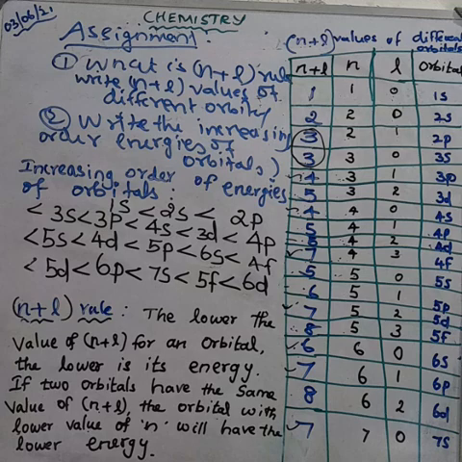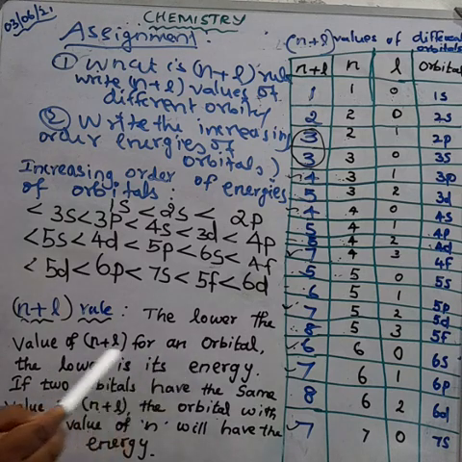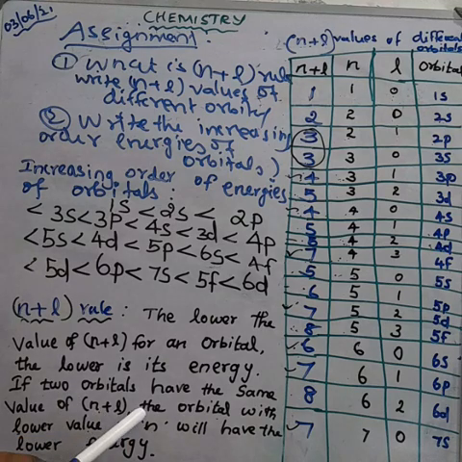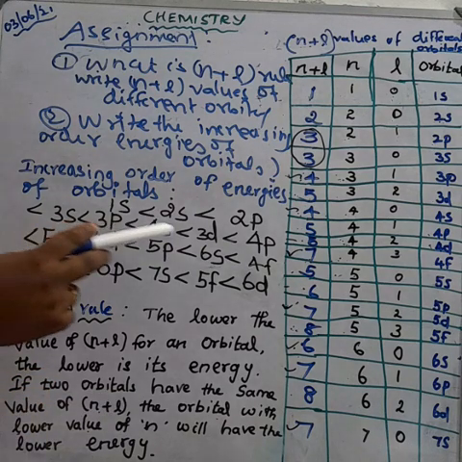It states that the lower the value of n plus l for an orbital, the lower is its energy. If two orbitals have the same value of n plus l, the orbital with the lower value of n will have the lower energy. Using this rule, the order of energies of various orbitals can be expressed as follows. Write this.